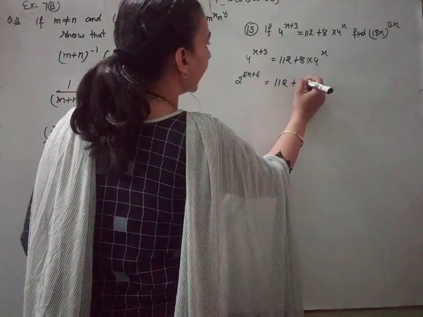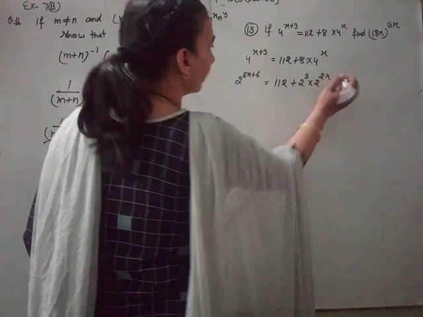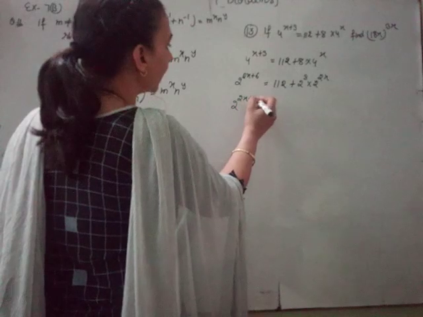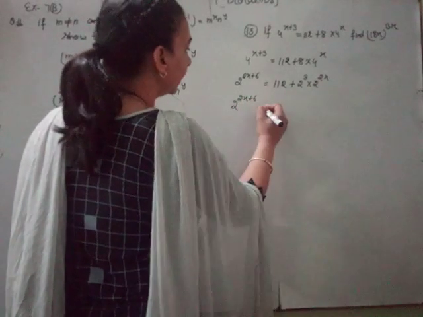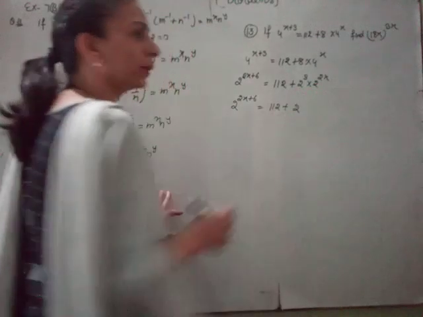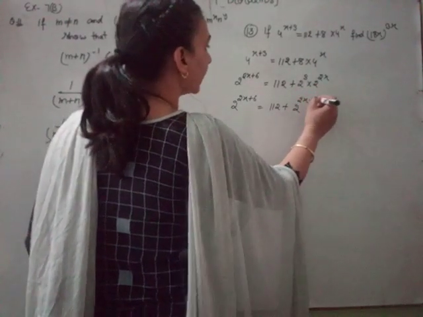and we write 2 raised to the power 3 and this 2 raised to the power 2x. Okay, then this complete 2x plus 6 equals 112 plus 2 raised to the power, then according to the product law the powers should be added: 2x plus 3.